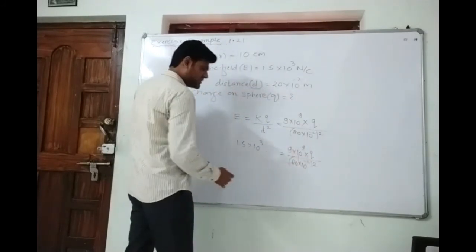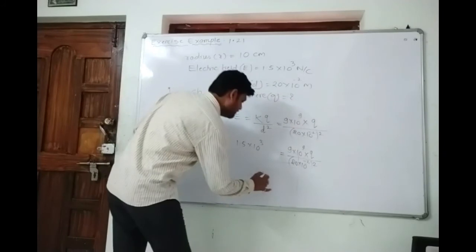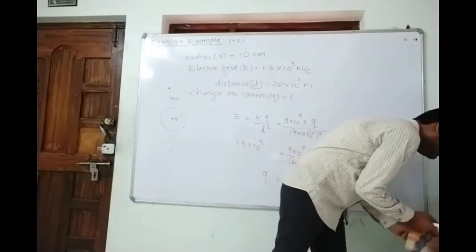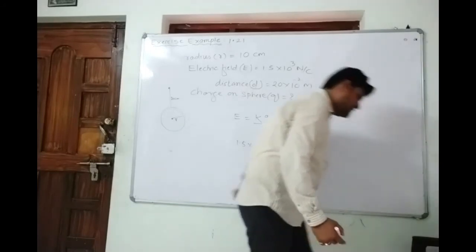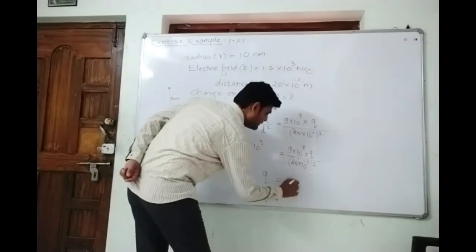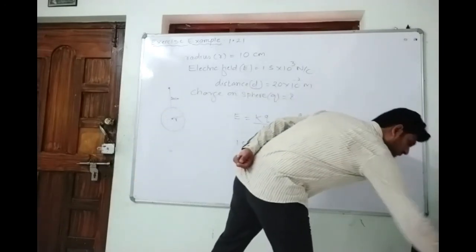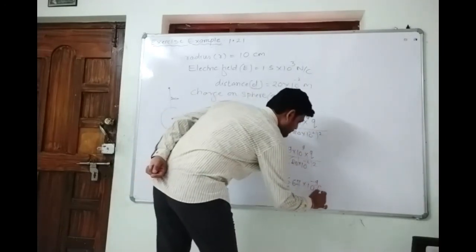By solving this, you can calculate your answer, you just do the calculation at your home, Q equal to minus 6.67 × 10^-9 coulomb.